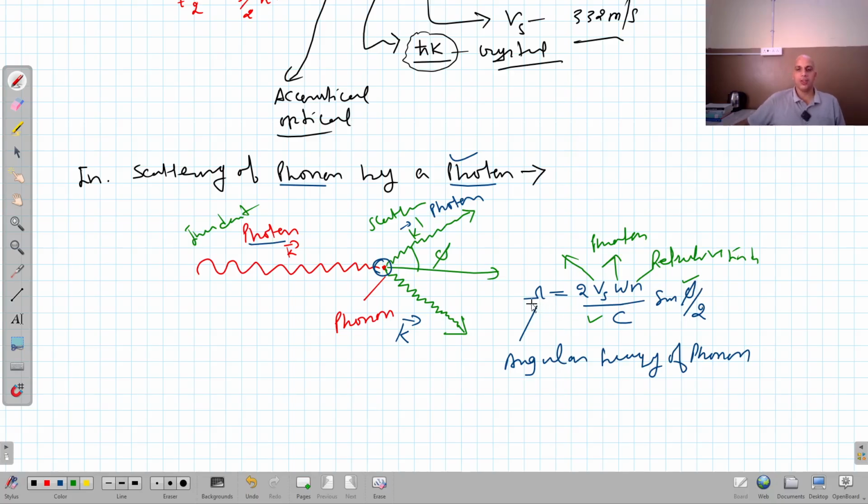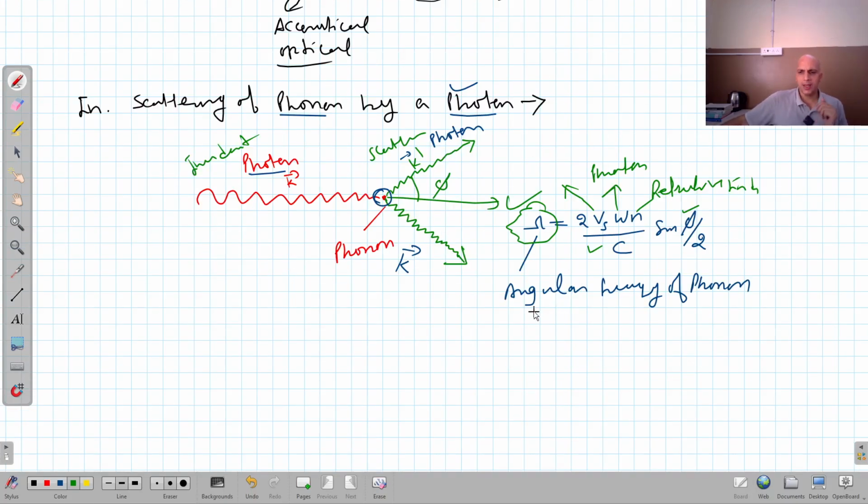So this is the equation for the angular frequency of the phonon that is produced during the interaction of a photon of light with a phonon. So we have to remember this relation. Omega is equal to 2 vs omega n divided by c into sine of phi by 2. So these are some facts related to the phonon which can be asked in any exam.